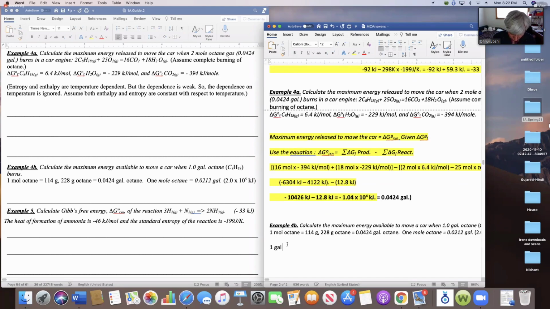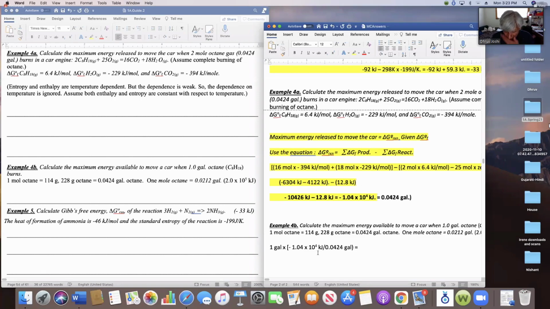1 gal multiplied by the conversion factor that we just found, and that is 1.04 multiplied by 10 to the 4 kilojoules, and a negative number, of course, negative. Divide that by 0.0424 gal.